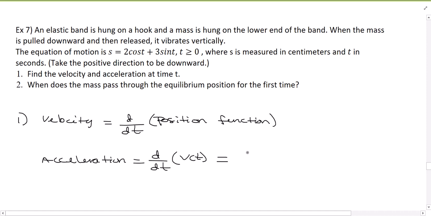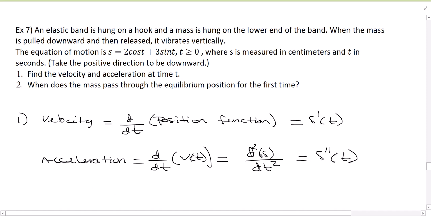So it's d squared of the position function over dt squared. So this is the notation for second derivative. I could also say the velocity function is s prime of t, and then the acceleration will be s double prime of t, so the second derivative.